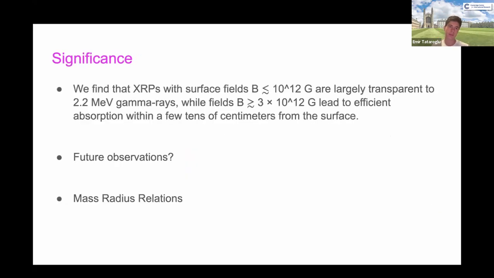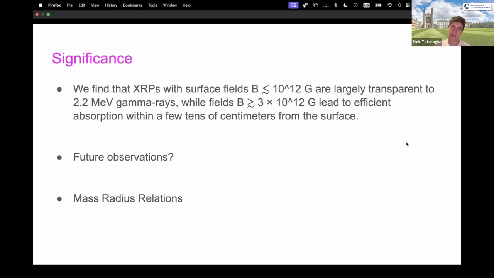So here's the significance. A paper was published, I believe, a month ago in the Journal of High Energy Astrophysics. Our big finding is that X-ray pulsars with surface fields less than 10^12 Gauss are largely transparent to 2.2 megaelectron volt gamma rays, while fields more than 3 times 10^12 Gauss lead to efficient absorption within a few tens of centimeters.